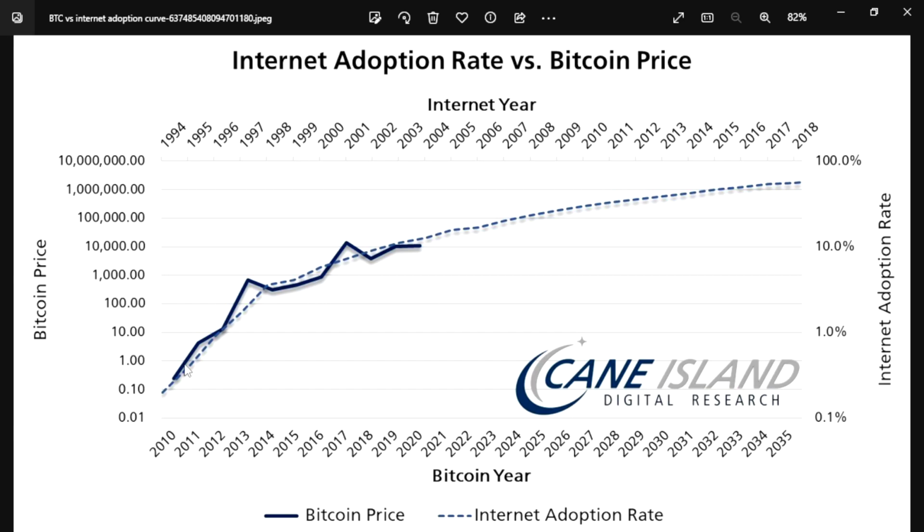And one more picture here. This is the Bitcoin price with this line chart. The dotted line is that internet adoption rate. And we can see the price has been hovering around that internet adoption rate. This is a bit older. This was 2020, Bitcoin was around 10,000. It did end up going to around 70,000, as we mentioned, in 2021.